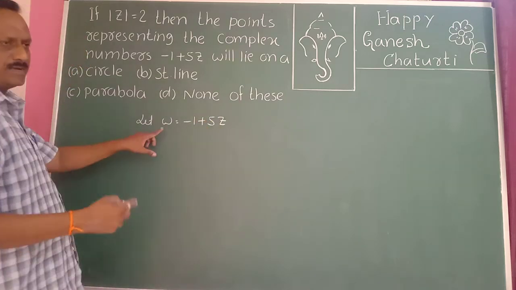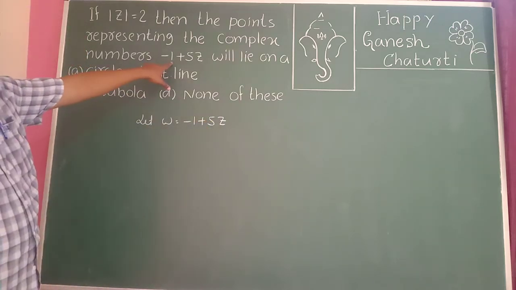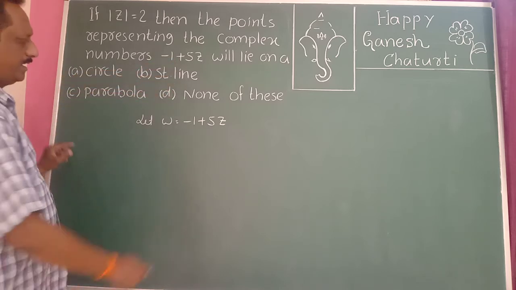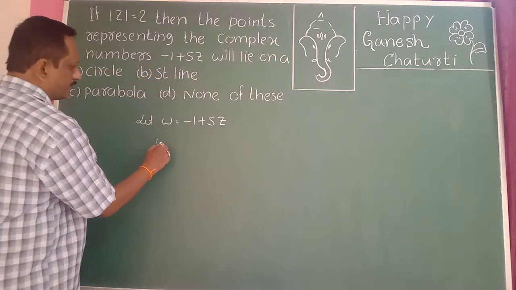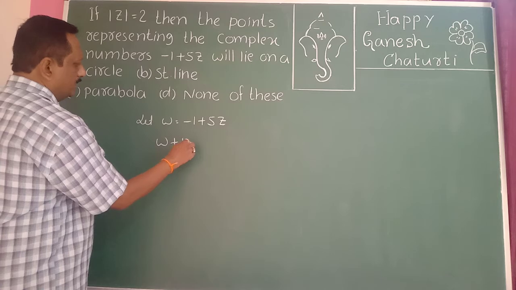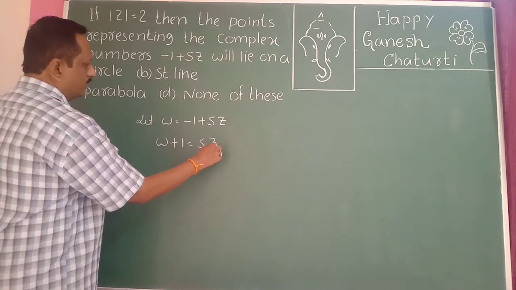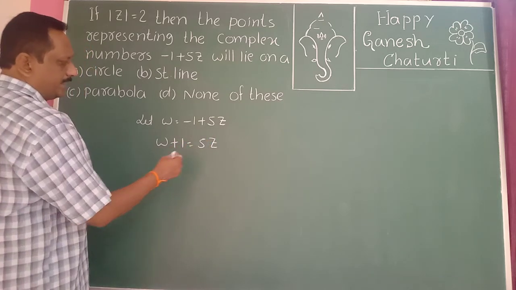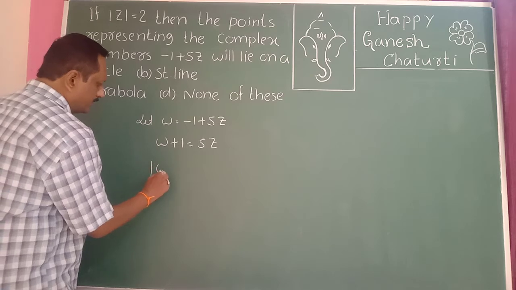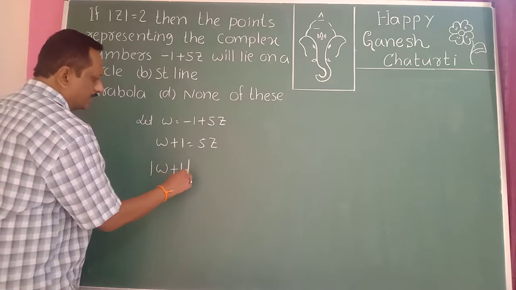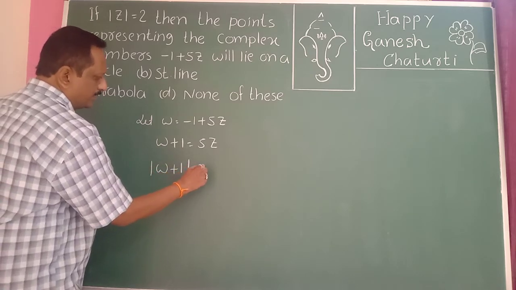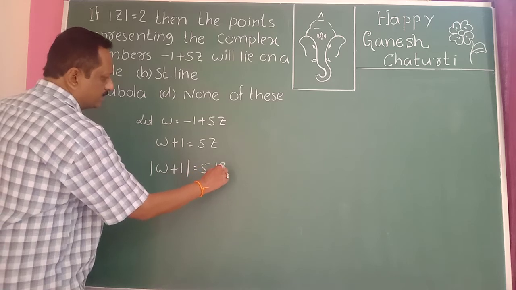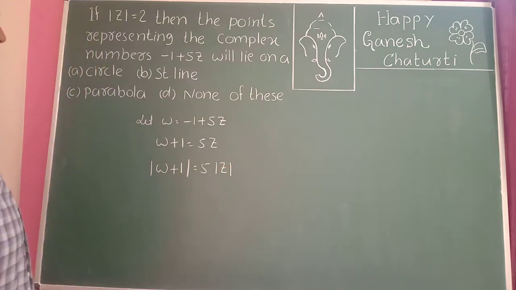Take minus 1 to the left side: omega plus 1 is equal to 5z here. Taking modulus, modulus of omega plus 1 is equal to 5 times modulus of z.